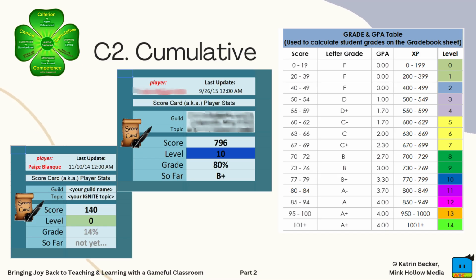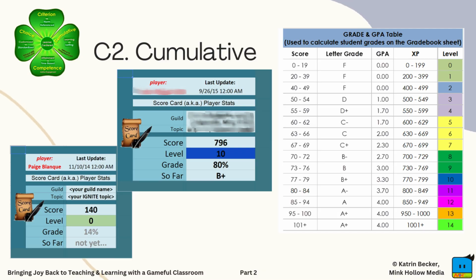The one in the middle, you can see that this student has submitted a fair number of things. The last update for their score in this case is in September, so we're still in the beginning of that semester. However, this particular student has a score of 796, so they have submitted enough things and they have been assessed on those things, and their total so far is 796.